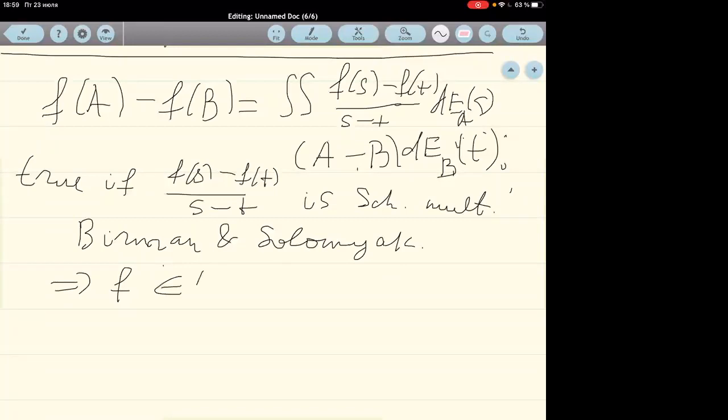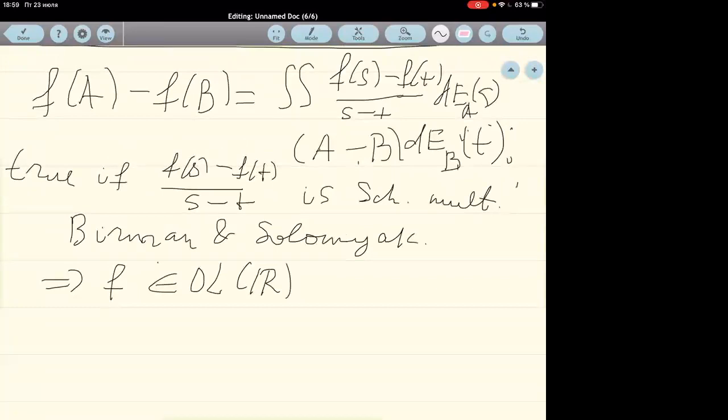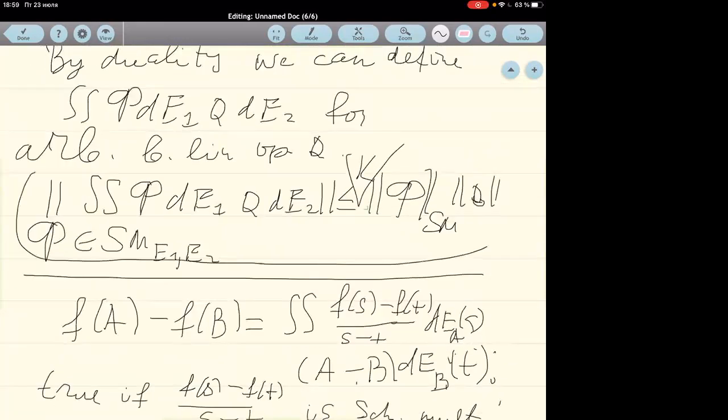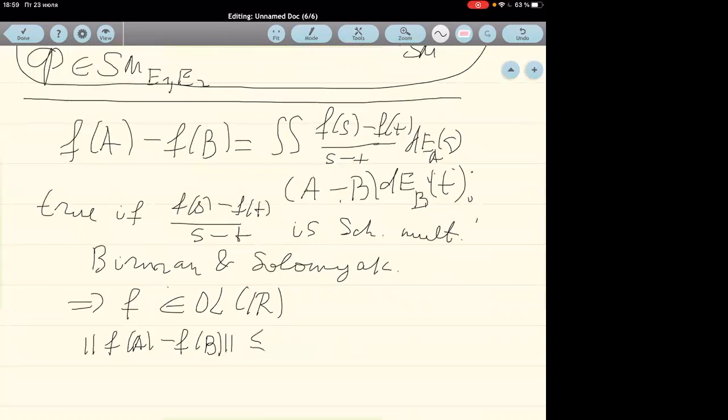Why? Simply, we have the following. If we use this inequality, the norm of f of A minus f of B is less than or equal to the norm of this divided difference in the space of Schur multipliers times the norm of A minus B. So f is operator Lipschitz.